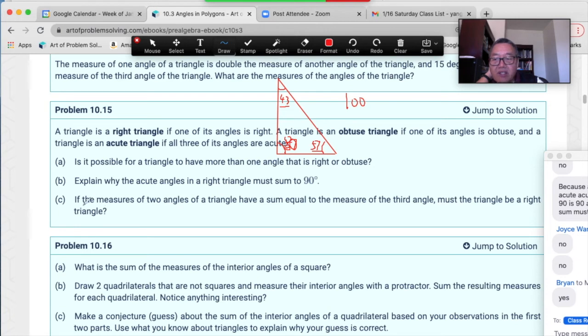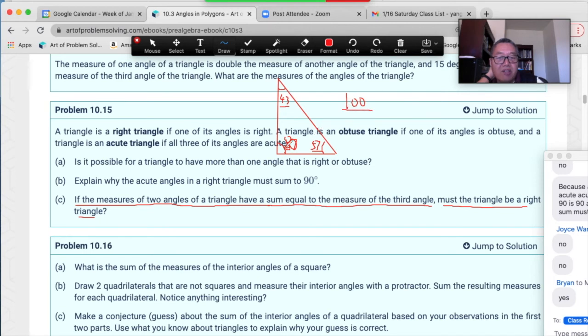Right? See, this says here, the measures of two angles of a triangle have a sum equal to the measure of the third angle. Then they ask you if this is a right triangle. So you give this example, this 43 and 57 add together, that's 100.